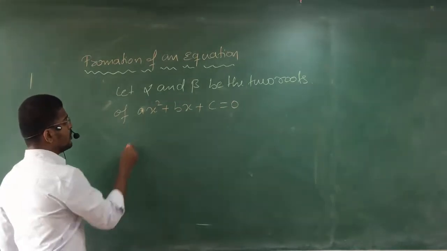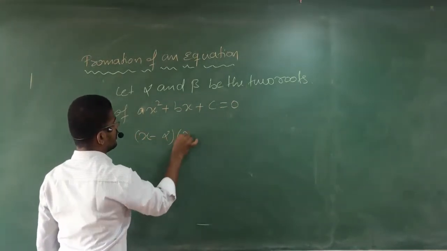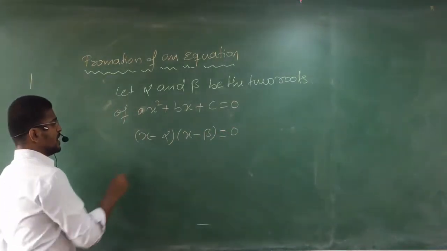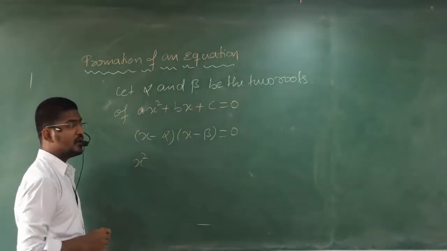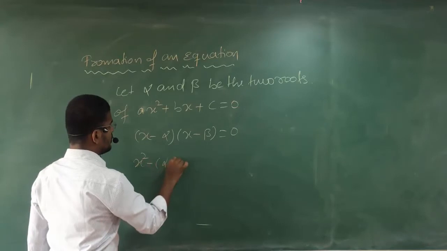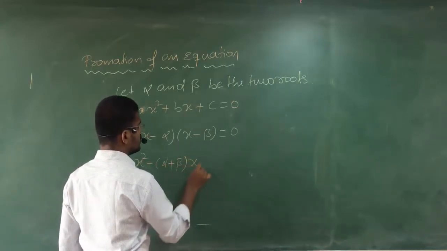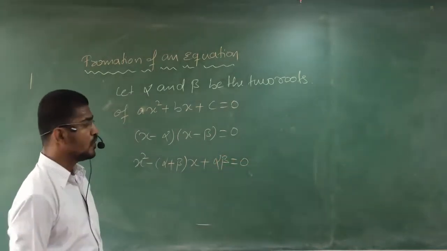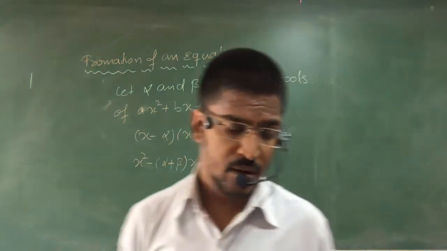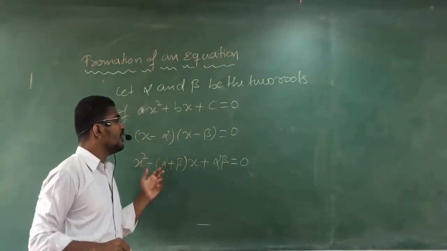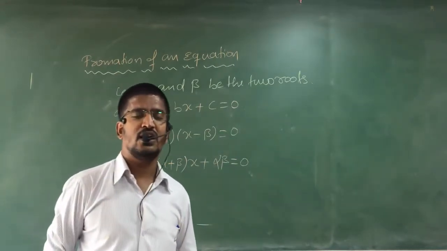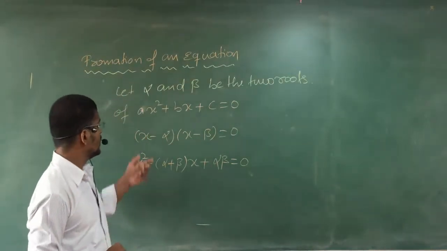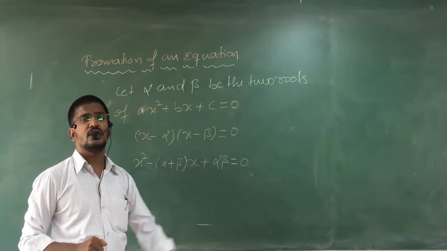Clear? So now, if I have x minus alpha into x minus beta equal to 0, I can write this equation as x square minus alpha plus beta into x plus alpha into beta equal to 0. Here, alpha and beta are the two roots of your algebraic equation, so x minus alpha into x minus beta will be equal to 0.